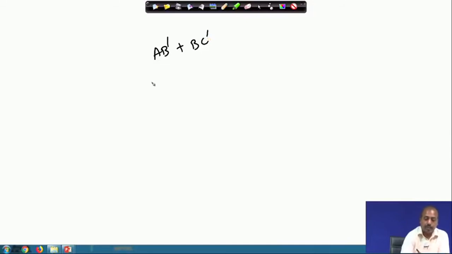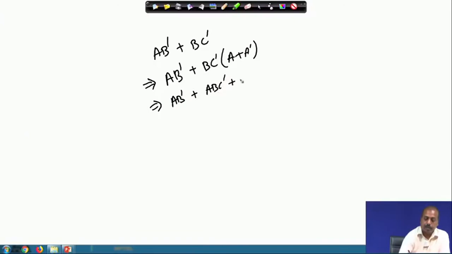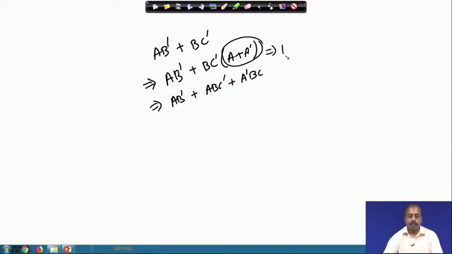Now, if you expand this A B bar, somebody may write it as A B bar plus B C bar into (A plus A bar). If you expand this, you get A B bar plus A B C bar plus A bar B C bar, because A plus A bar is equal to 1. So we can always write in this form.